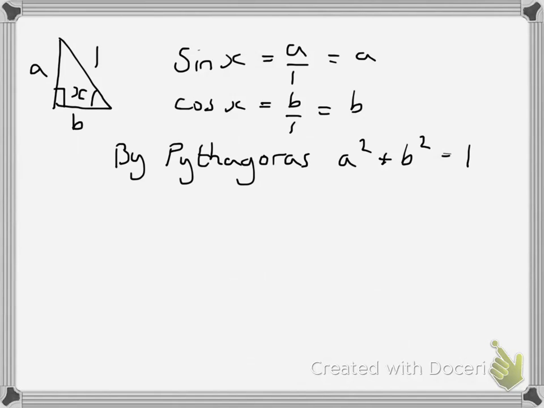So substituting those things back in again, if sin x is A and cos x is B, I can write that equation as sine squared of x plus cos squared of x is equal to 1.